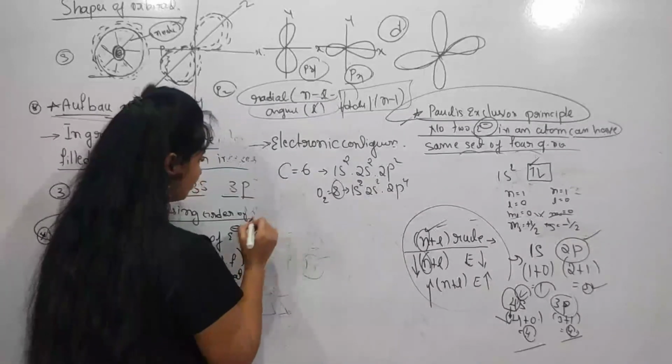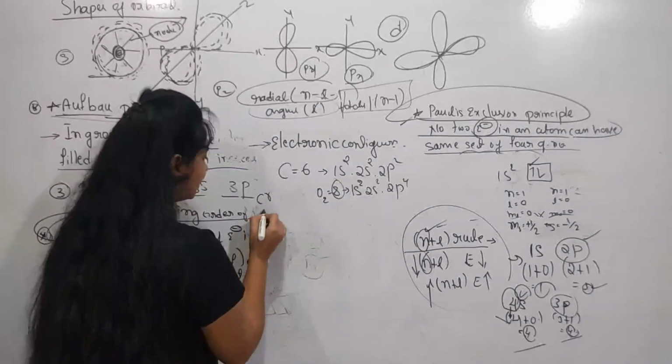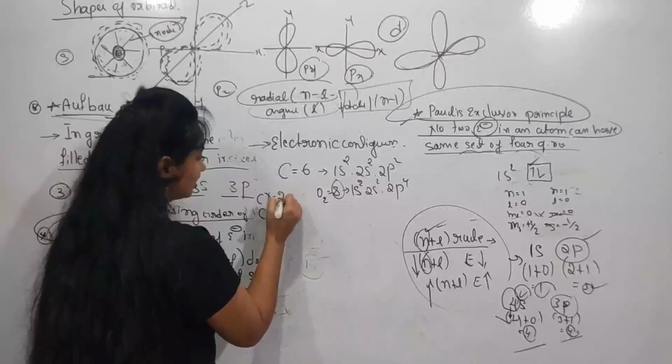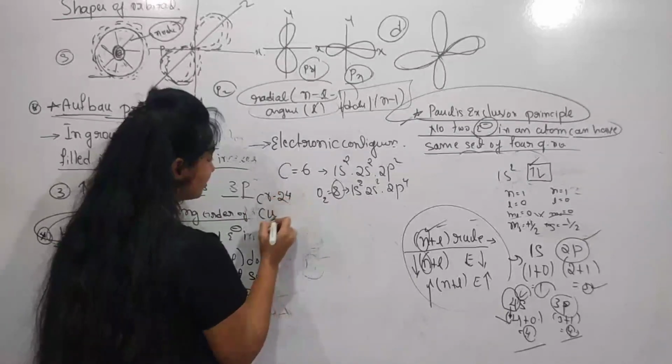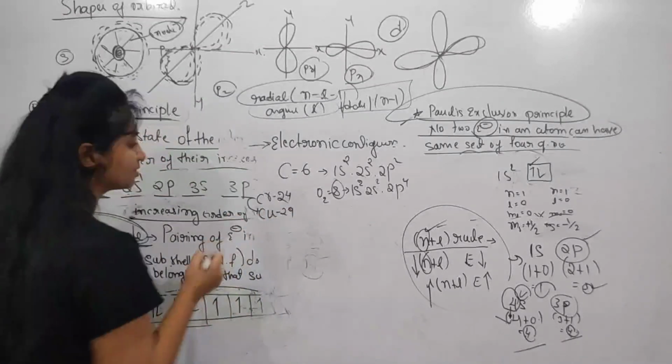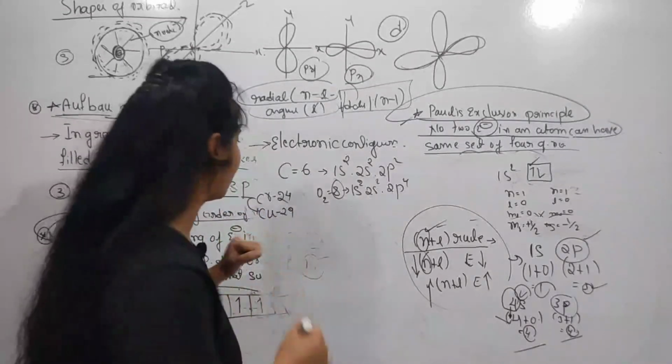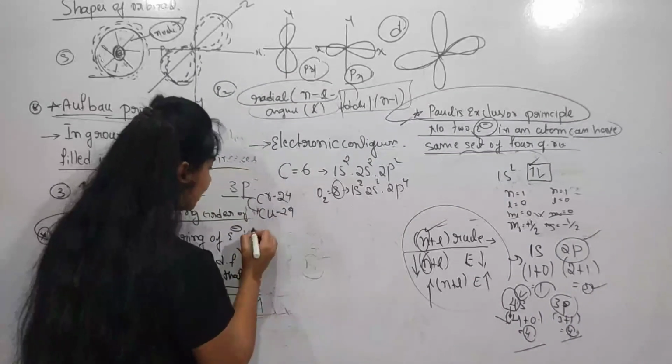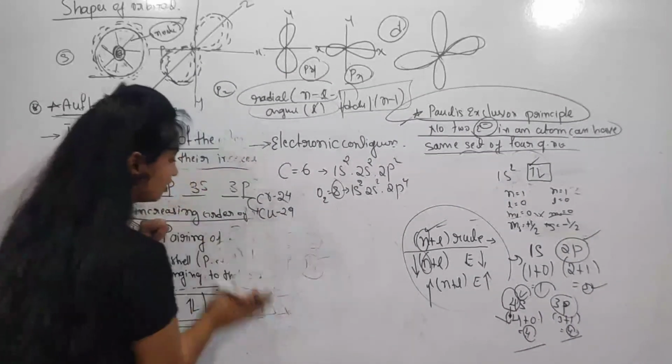In chromium and in copper, the atomic number of chromium is 24 and copper is 29. Here, how do the exceptions take place and why? See here, I wish to write the electronic configuration of chromium.